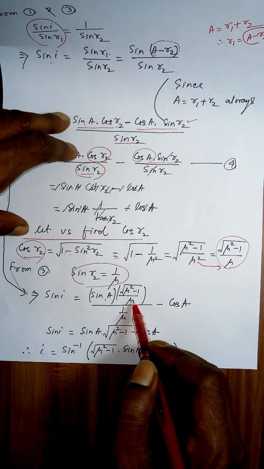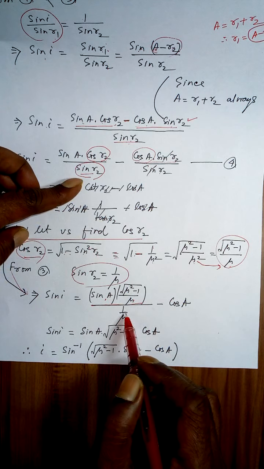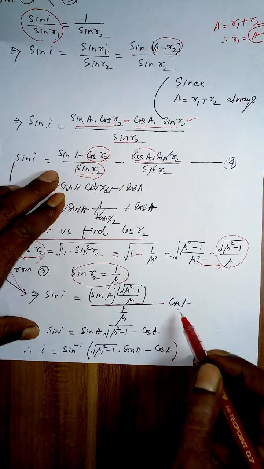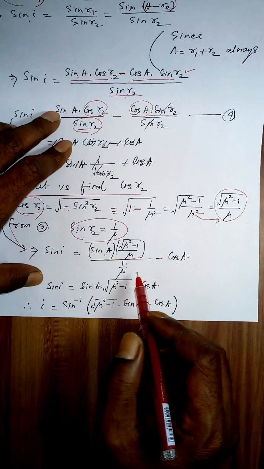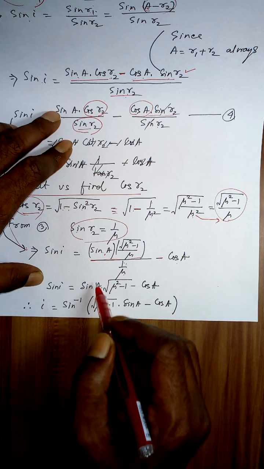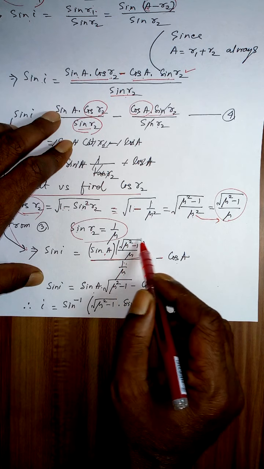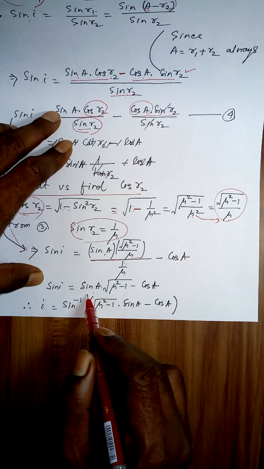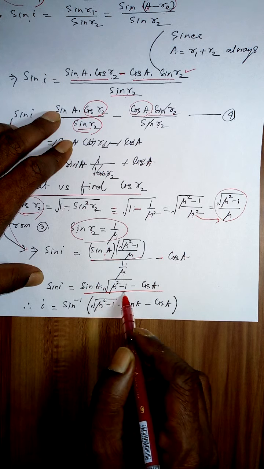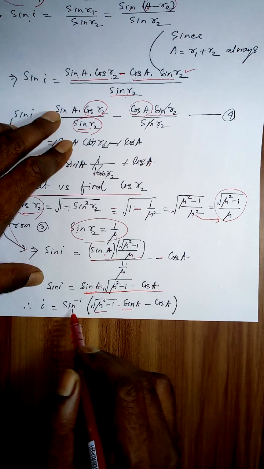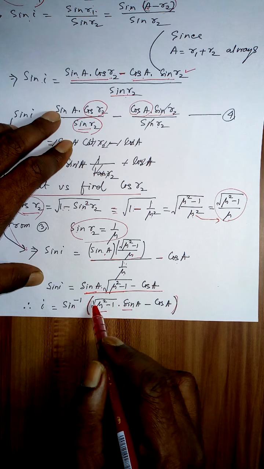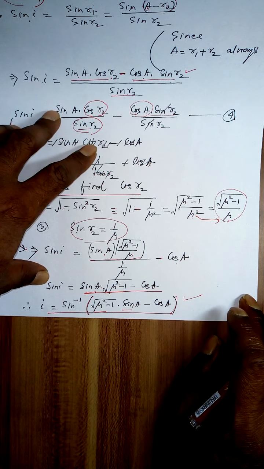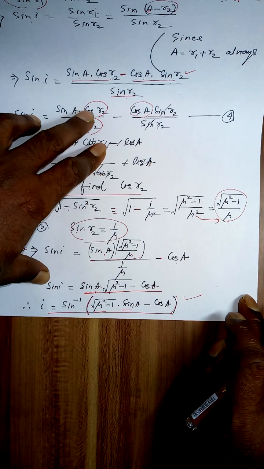I substitute it here over sine R2, which is 1 by mu, minus cos A. So this mu cancels, and I am left with sine A times the square root of mu square minus 1, minus cos A. So I is equal to sine inverse of this: sine inverse of the bracket, square root of mu square minus 1 into sine A minus cos A. Under this condition, the light on the surface AC will graze, meaning it will travel along the surface.